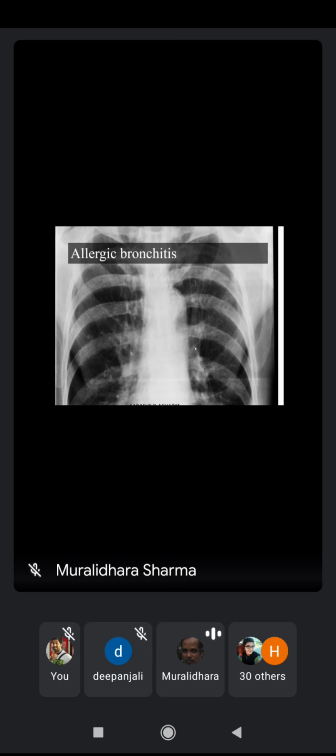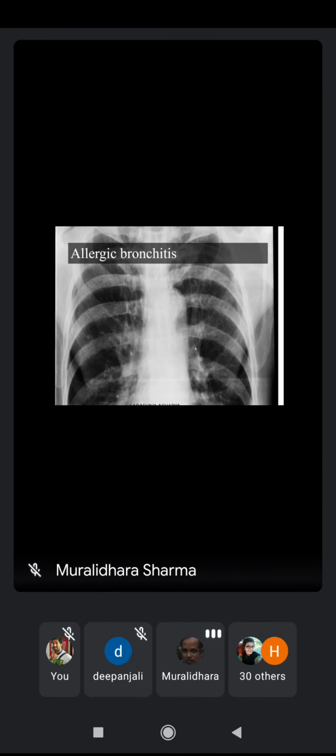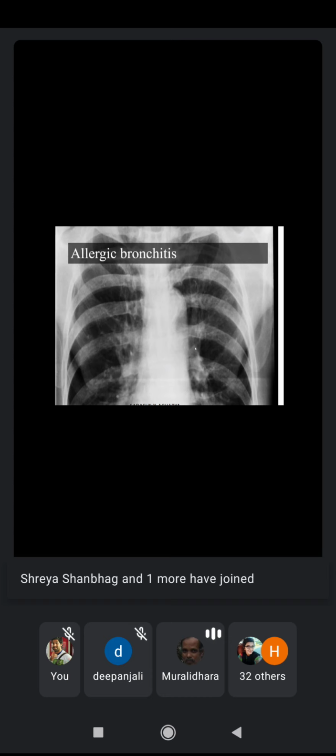This kind of symmetrical bilateral pathology with typical band formation along with increased vascular markings is more characteristic of what we call allergic bronchitis, usually hypersensitivity due to exposure to pollutants, industrial disorders like silicosis. In advanced silicosis you will have more of those features.